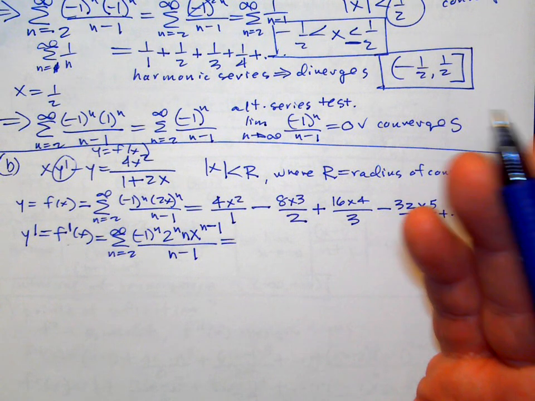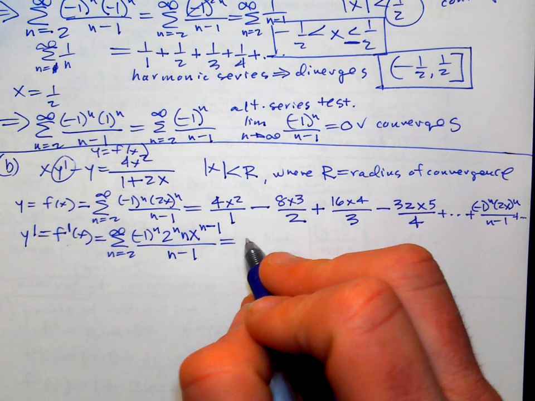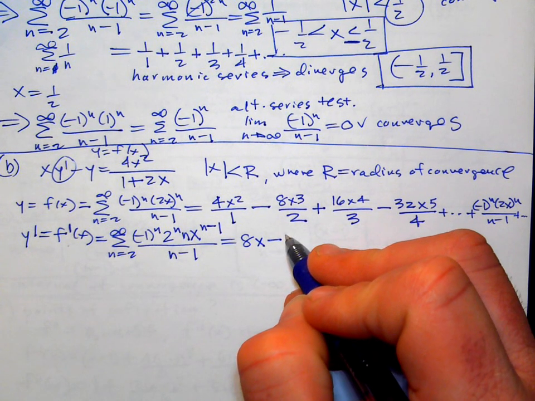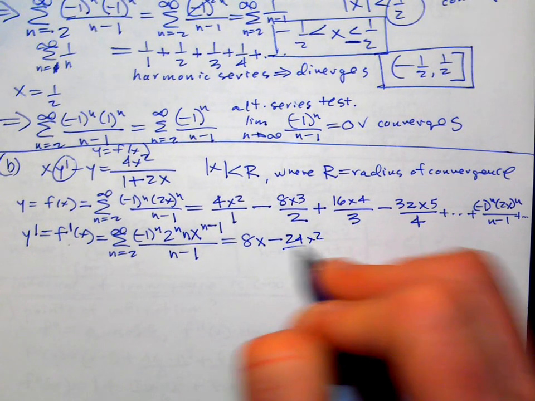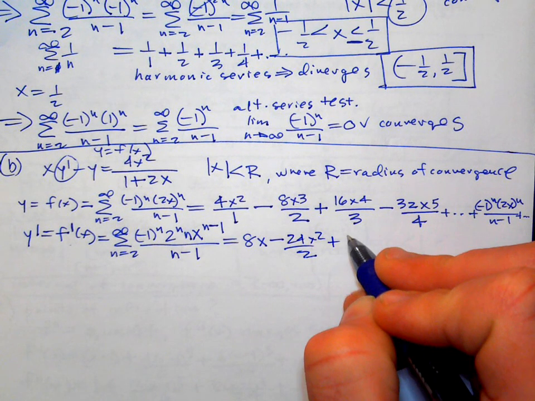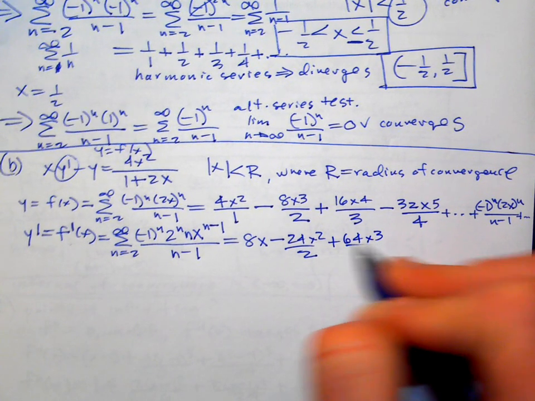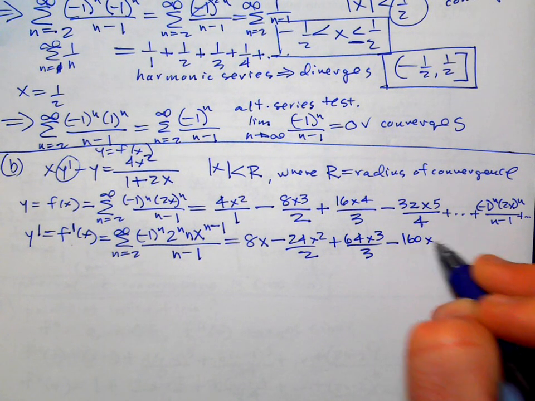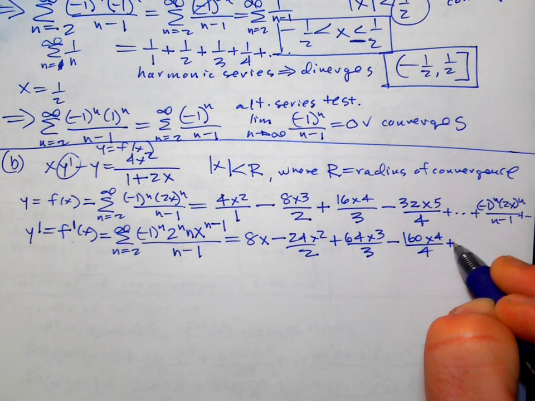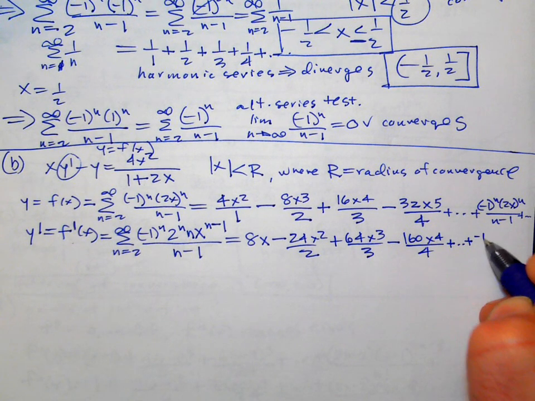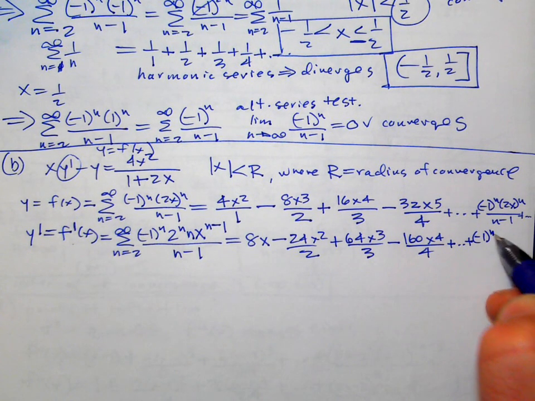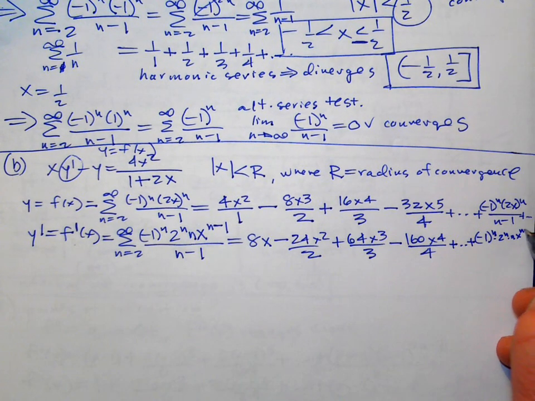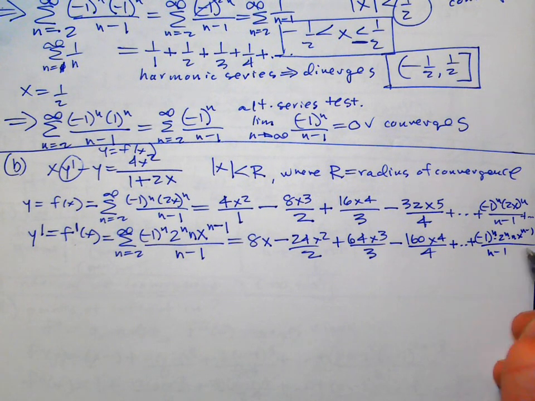That's the closed form. On the individual terms, you can just take the derivative: 8x minus 24x squared over 2 plus 64x cubed over 3 minus 160x to the 5th over 4. And the nth term would be 2 to the n, then n times x to the n minus 1, over n minus 1, plus and so on.